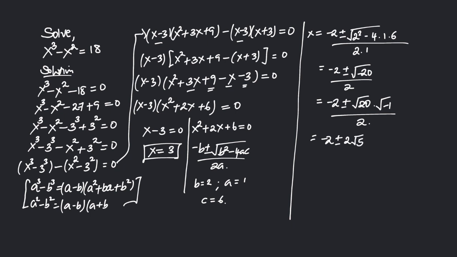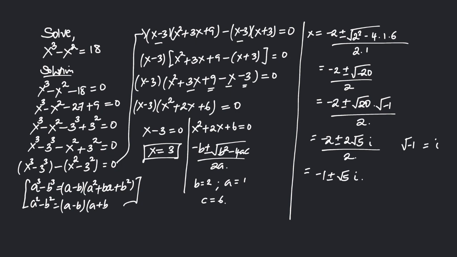And then, of course, we know that the square root of negative 1 is the complex number i. So 2 root 5 i over there, and everything is over 2. If we divide every entry by 2, we'd have minus 1 plus or minus root 5 i as the other solution.